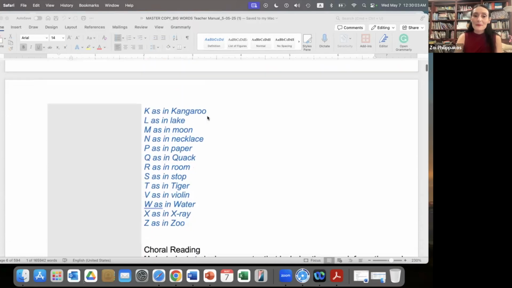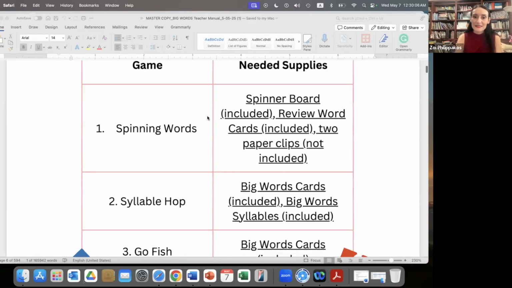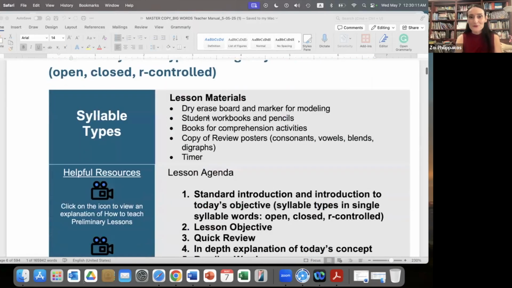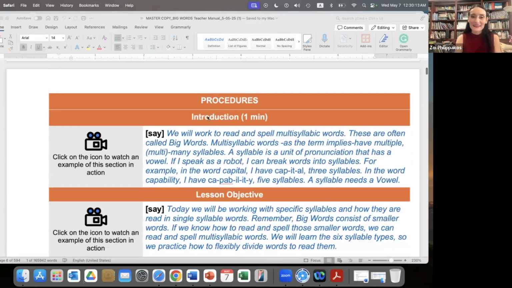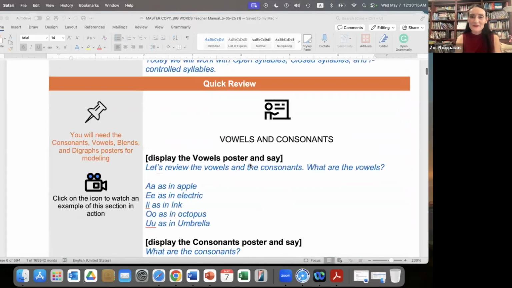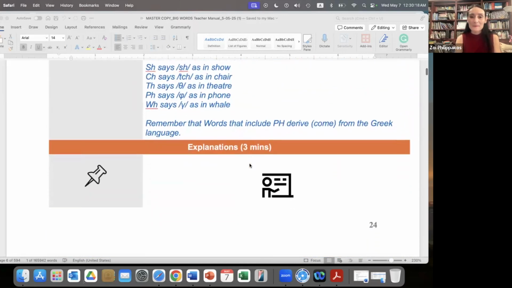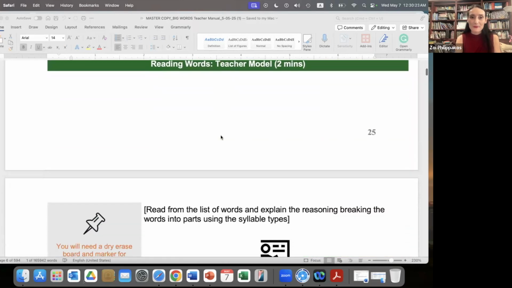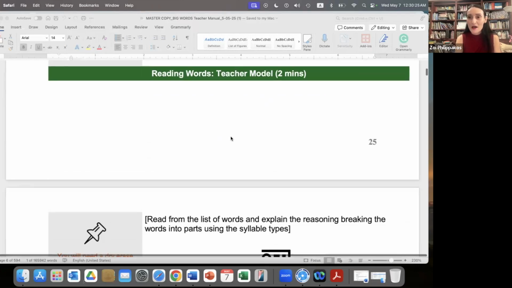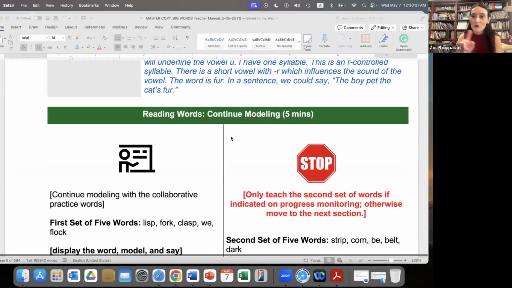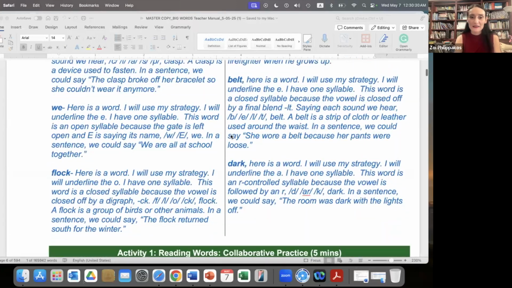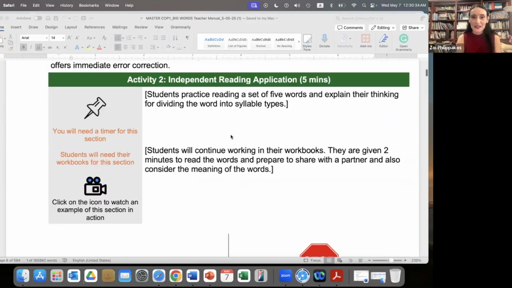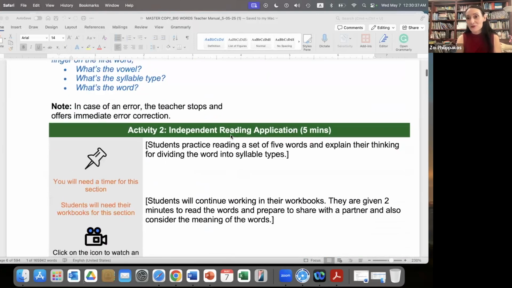But then later in the lessons, and I'm sorry to get you dizzy by moving quickly, we have the lesson objective, a quick review if needed, explanation, reading words with teacher modeling, reading words with the teacher continuing modeling, reading words in collaborative practice, and an independent activity for the students.